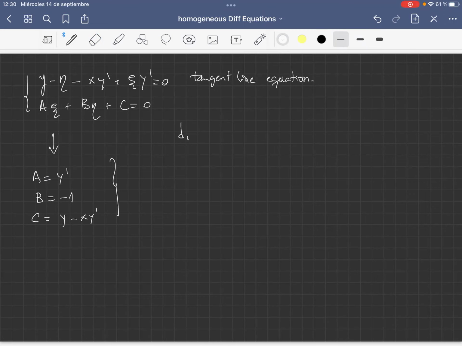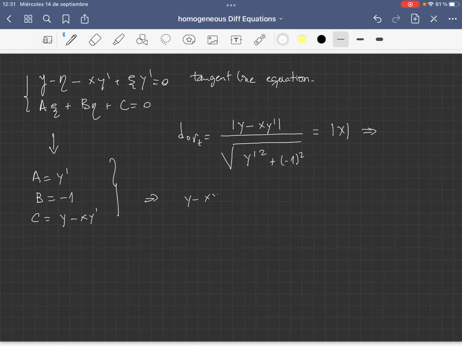We said that the distance from the origin to our tangent line is the modulus of C divided by the square root of A squared plus B squared, which is y prime squared plus 1. And this has to be equal to the absolute value of the point x. We just have to solve this equation, and very simply we can square both sides to get rid of the absolute values.